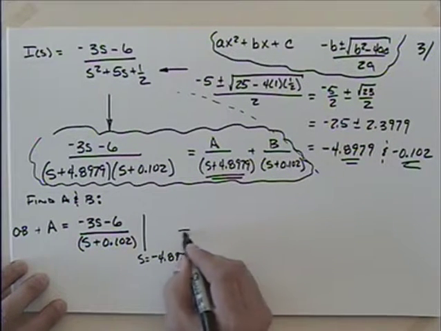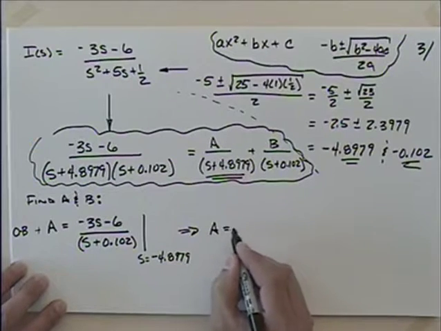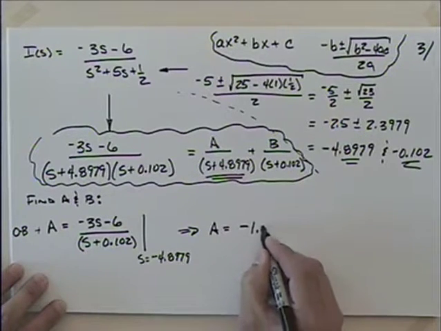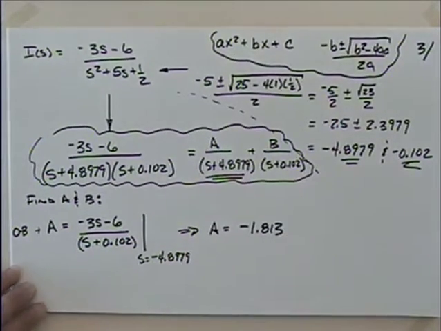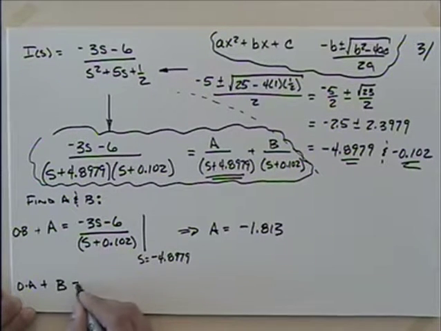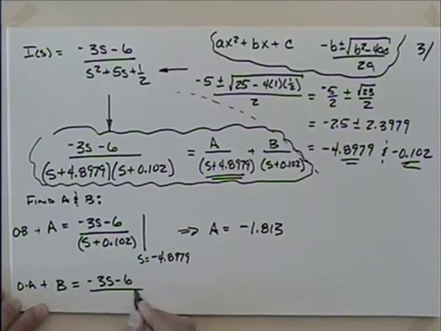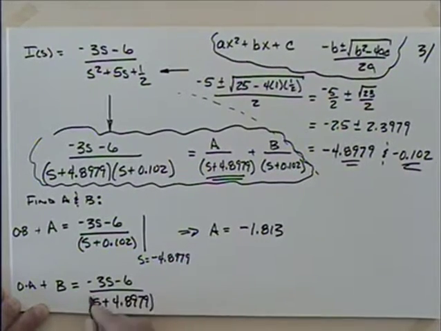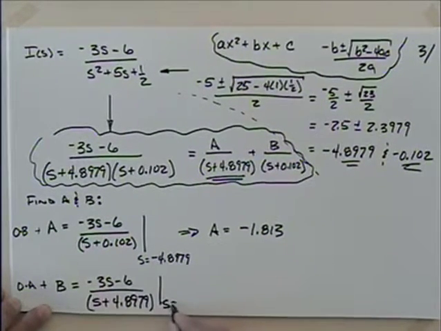Okay. So when you run through this, you let S be minus 4.8979. You come up with A being equal to minus 1.813. And we're going to do exactly the same thing here. Likewise, we could say that 0 times A plus B is going to be equal to minus 3S minus 6, this time divided by S plus 4.8979. And I'm going to be evaluating this at S equals what?